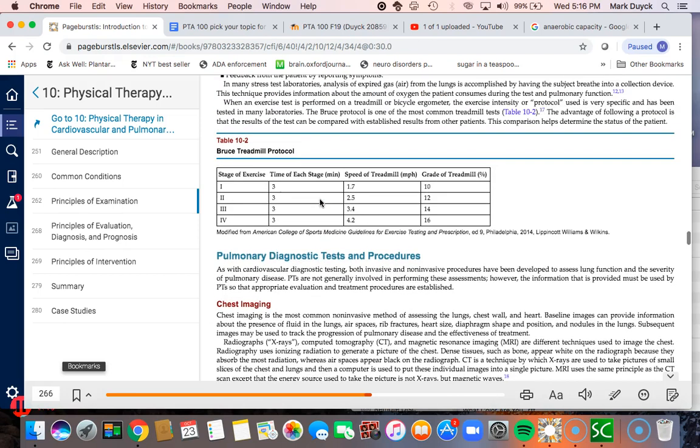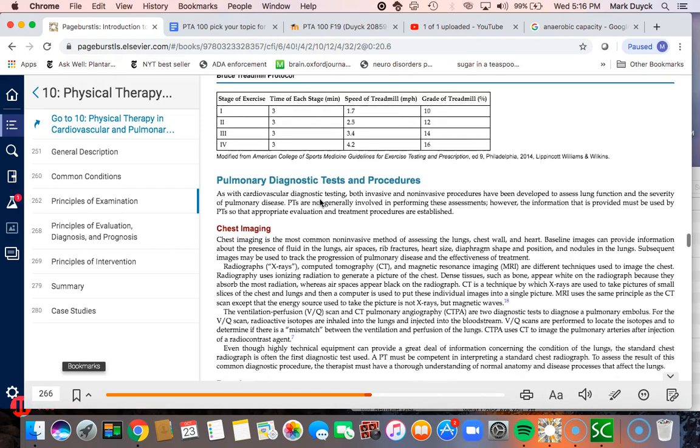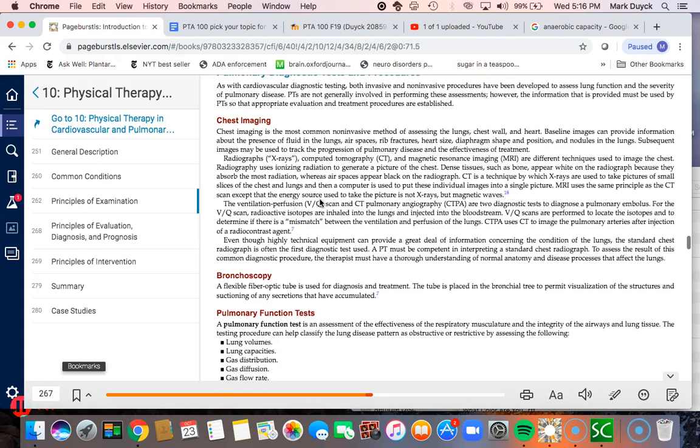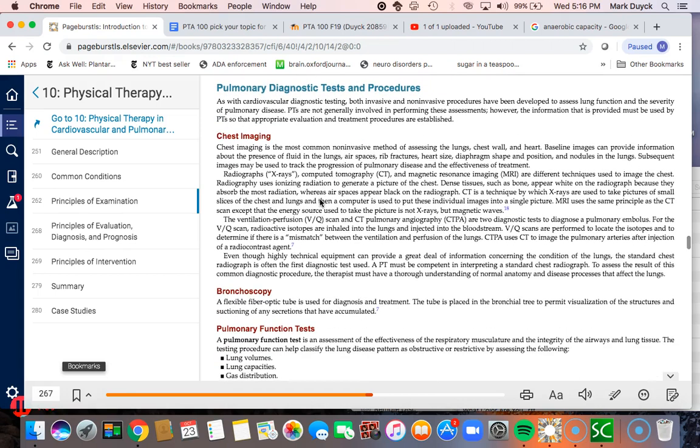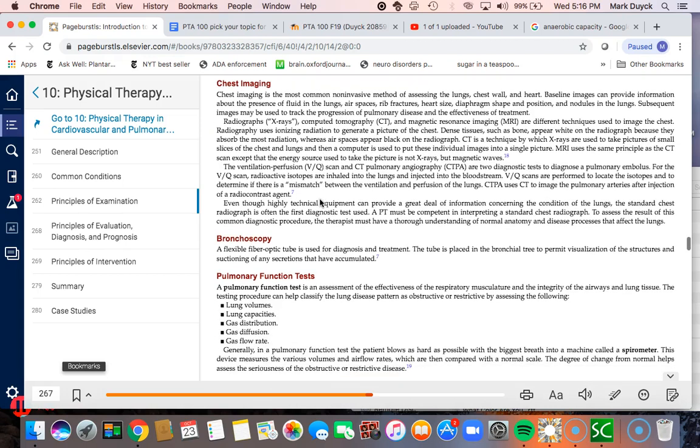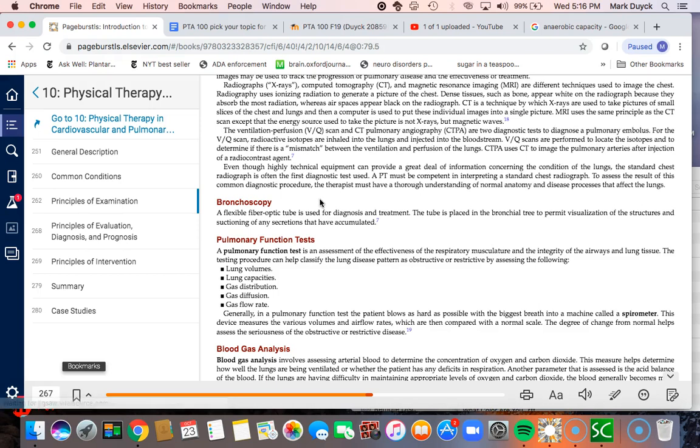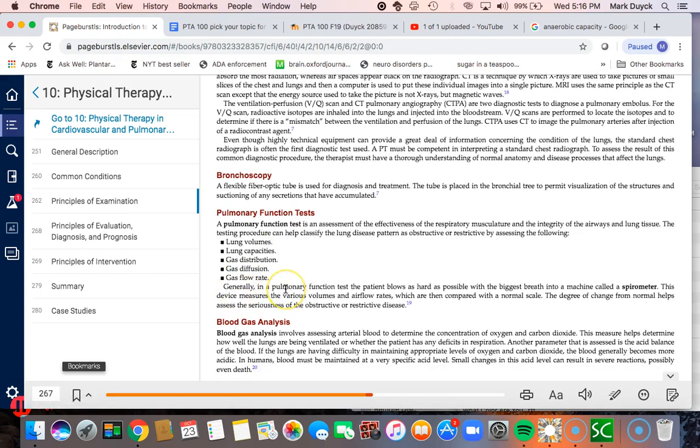I'm not asking you to memorize the Bruce Treadmill protocol, but it is an excellent protocol and something you'll see more in 103. And then some of the basic imaging for lung tests and procedures. I'm not asking you to memorize every component of pulmonary function tests.